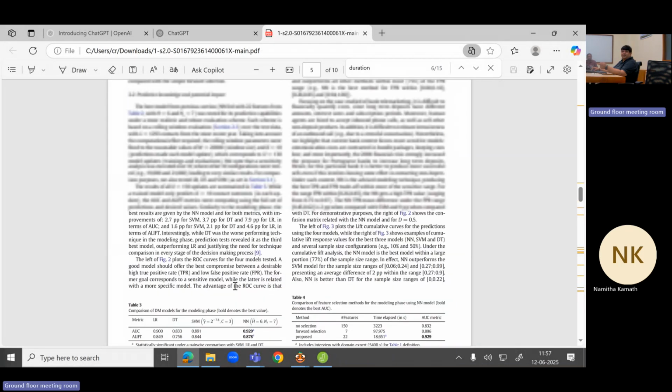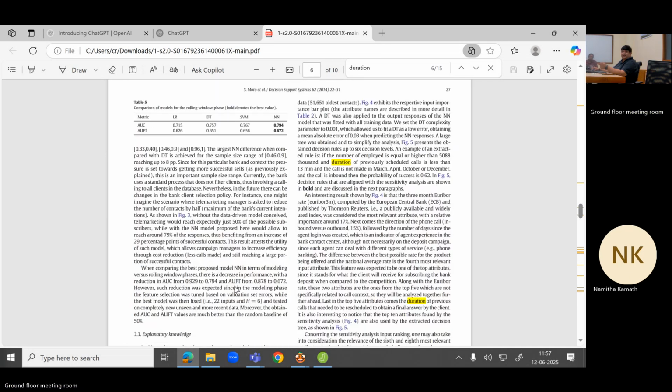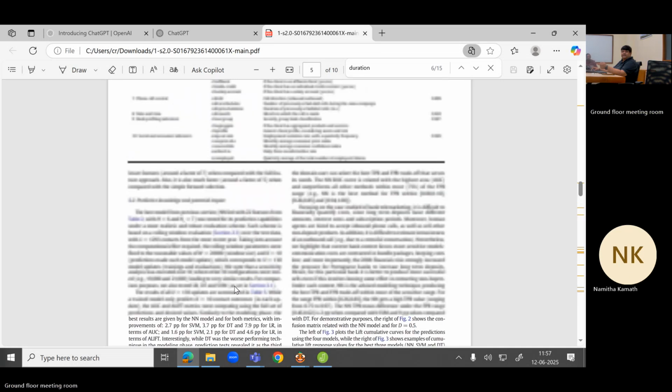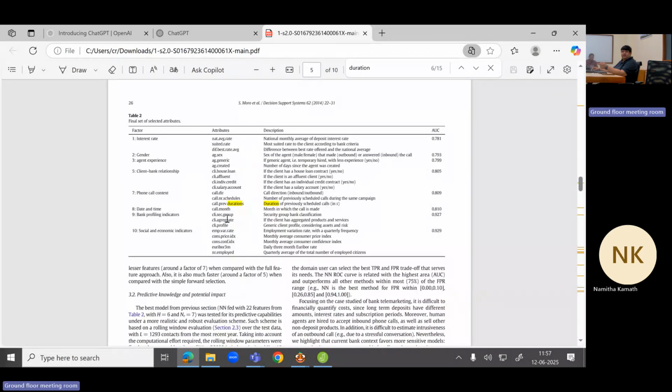Yesterday we did that, no? NR dot employee. Quarterly average of total number of employed citizens. That means in the client's office, how many on an average work there? So we were discussing yesterday that if we have a bigger community, the likely chance of availing that term deposit is higher. Right.